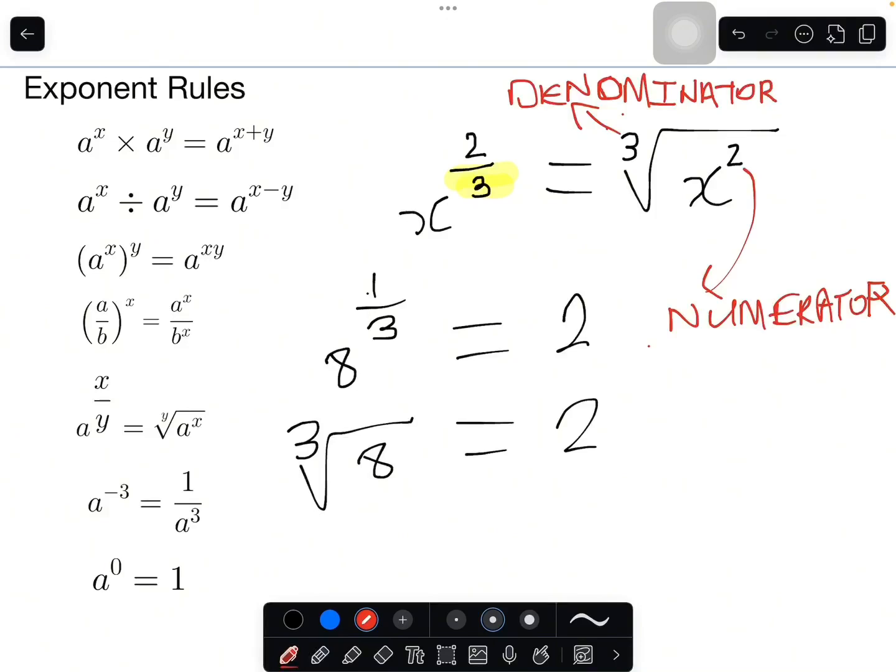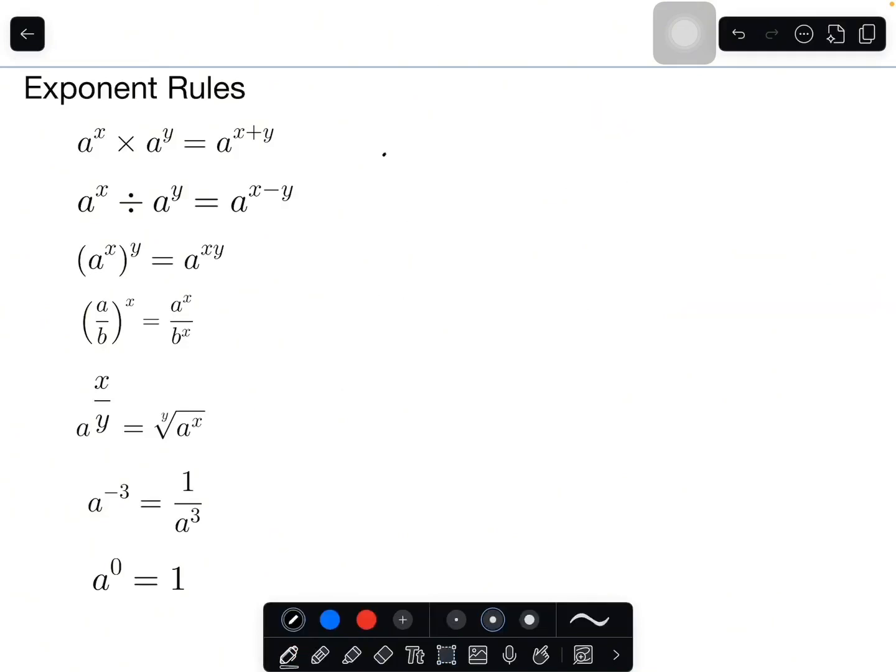Very important to note and understand. Memorize, understand, get this, because when it comes to application, if you're not understanding these principles, it's going to be very hard for you. We're now moving on.